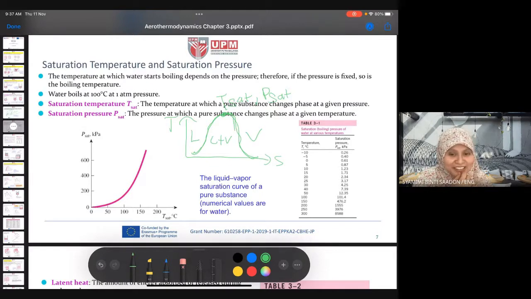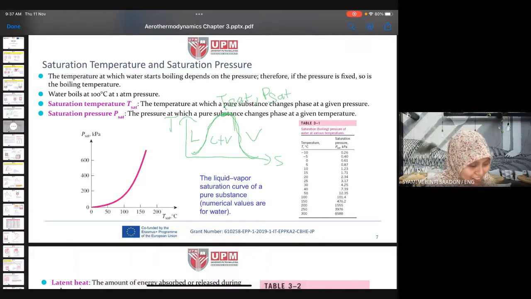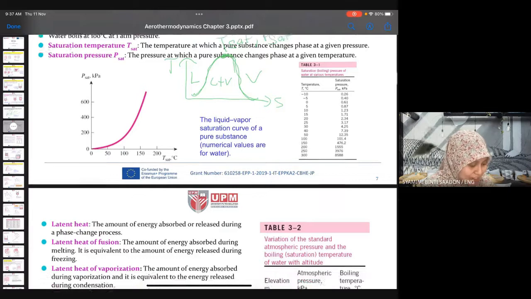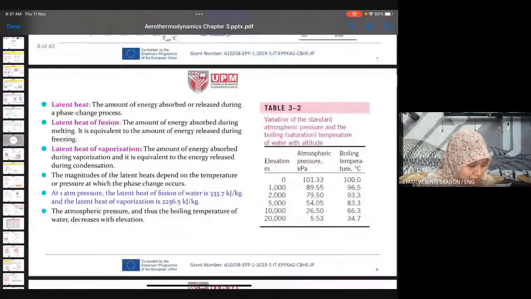Okay, so the saturation boiling pressure of water at various temperatures depends on the temperature. The saturation pressure of the water is different. This one is okay, later in the example application I hope you will understand better when we look at the application. Just understand the definition first.